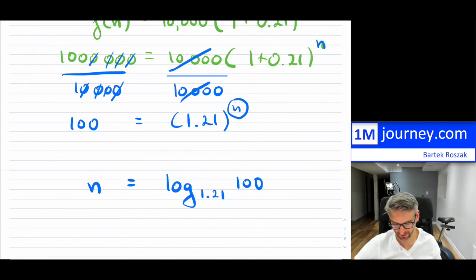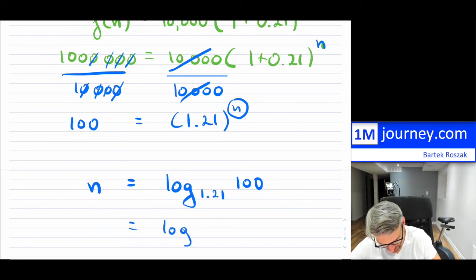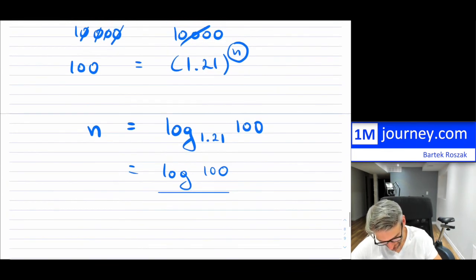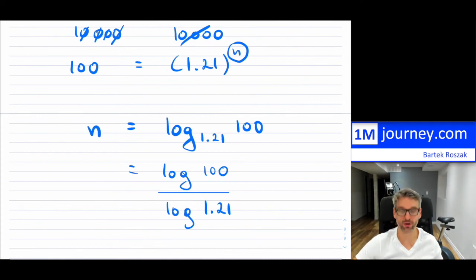That's what you will have right here. Now solving this, log of 100 divided by log of 1.21, or you can use ln, the natural logarithm, if you wanted to. You can do that as well.